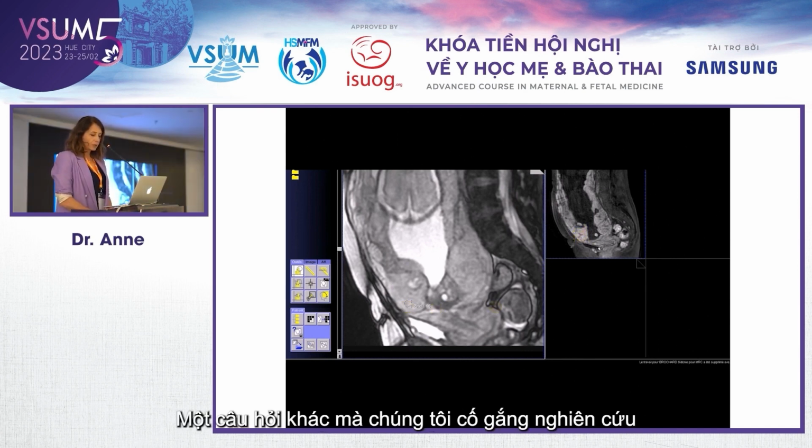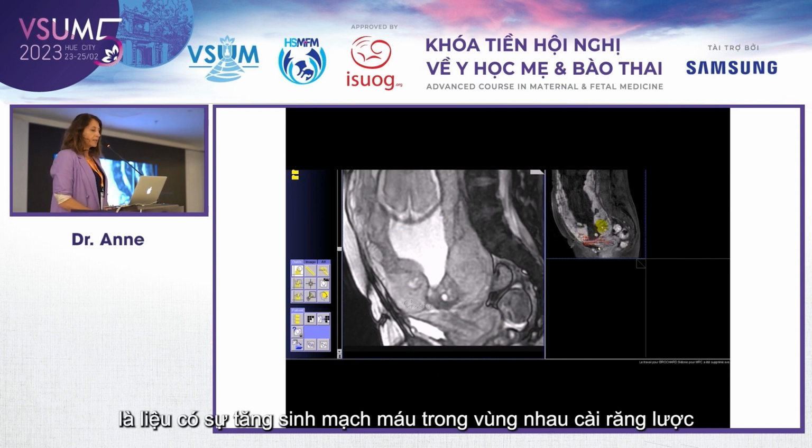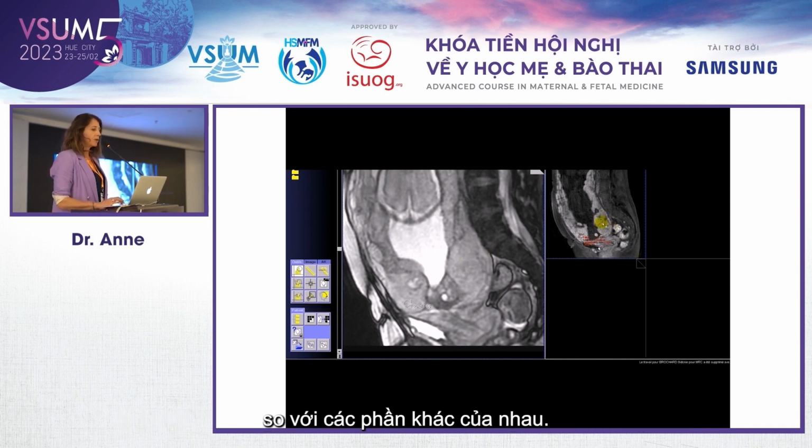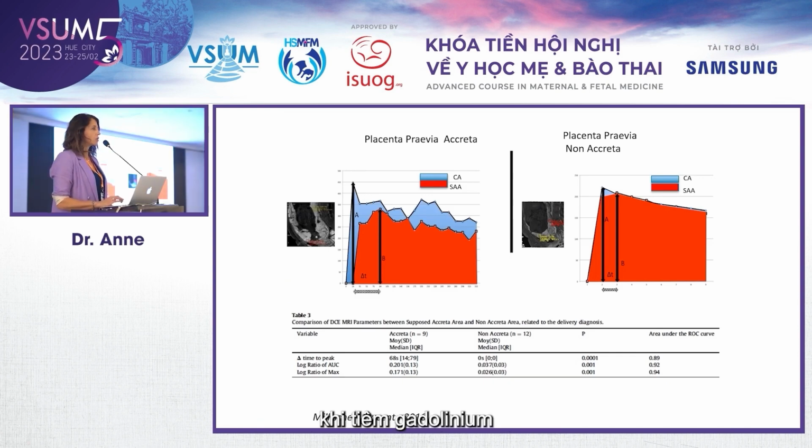Another question that we tried to study in Necker was whether there was a specific vascularization in the accreta area compared to the other parts of the placenta. So we tried to compare the enhancement curves with injection of gadolinium. You can see here in non-accreta, placenta previa, low-lying placenta, that the vascularization is quite similar inside all the different areas of this placenta.